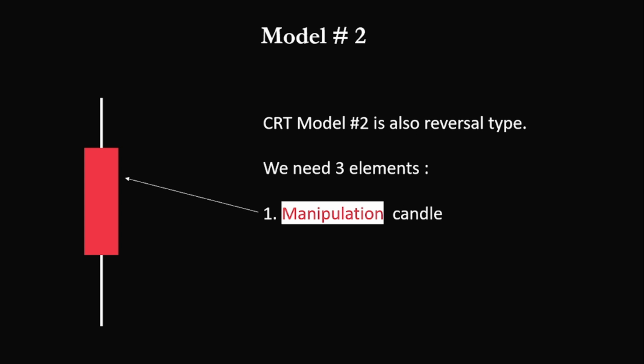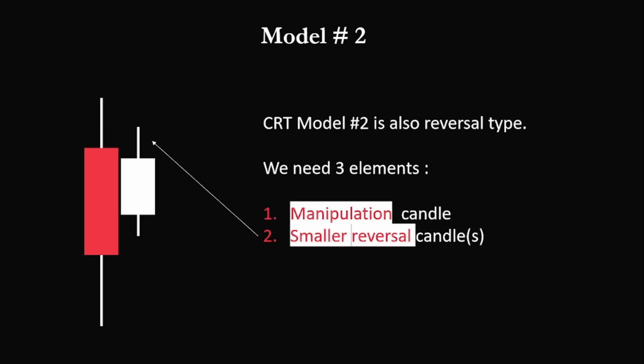We need to know the 3 elements of this model. First of all, we need the manipulation candle. Let's say the first candle is our manipulation. The second candle is a smaller reversal candle. It should be a lower high or higher low in order to take it as a smaller reversal.